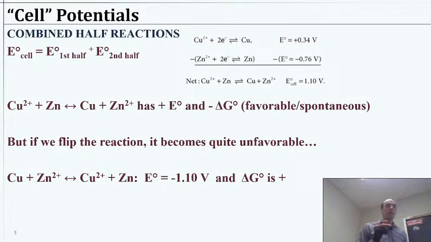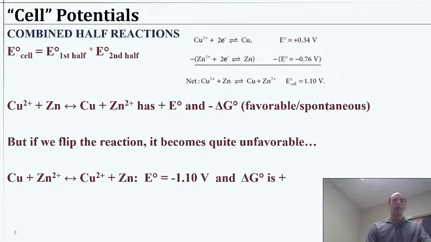Here we'll see the order with which we're writing it is going to matter in terms of whether or not it's favorable. Physically, that means are we reducing or oxidizing copper? One way we write it, we're oxidizing it. The other way, we're reducing it, right? So that will matter. It'll basically flip the negative sign or add a negative sign. Okay, so let's take a look.